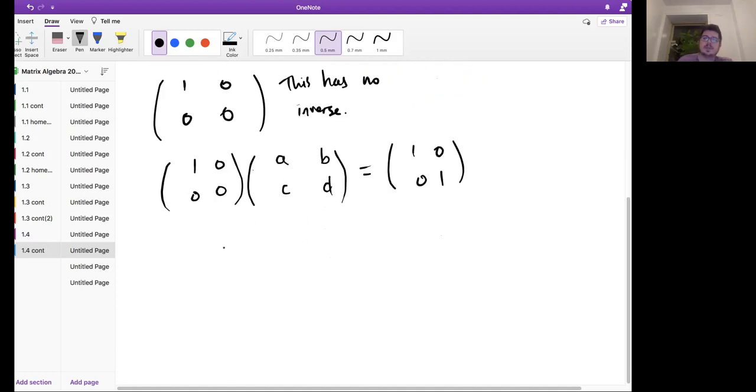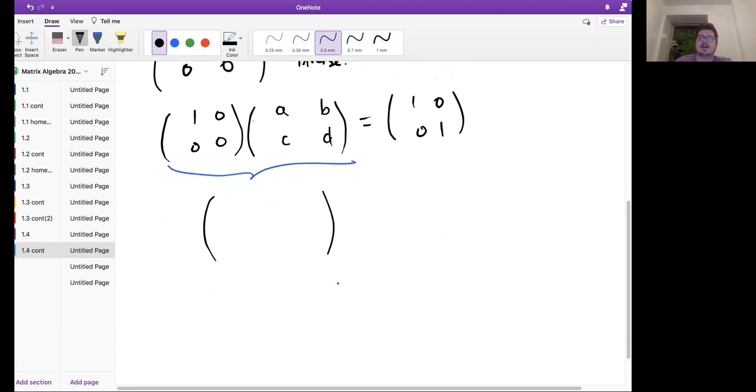Okay, so let's do it. Let's multiply this by A, B, C, D. What's in the 1, 1 position? It's 1A plus 0C, so it's just A. You see that?